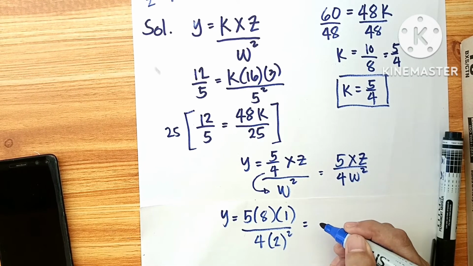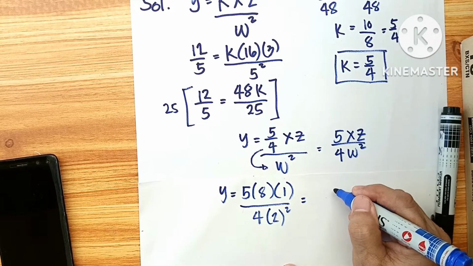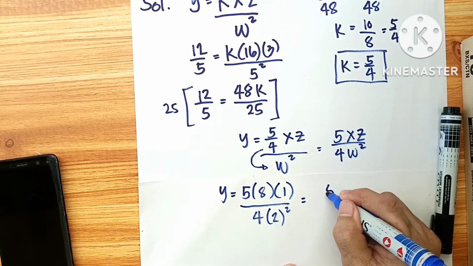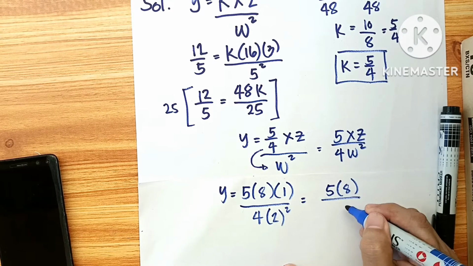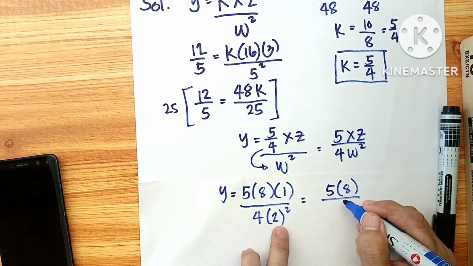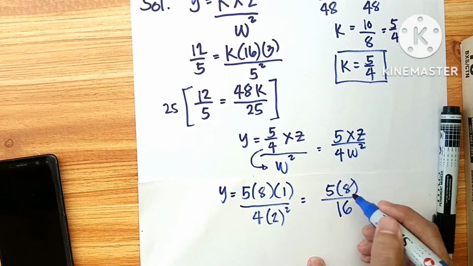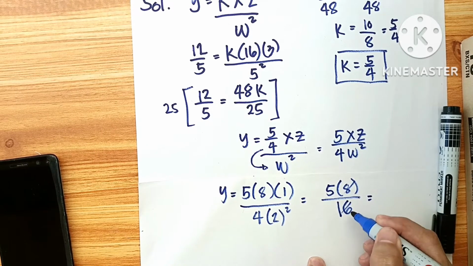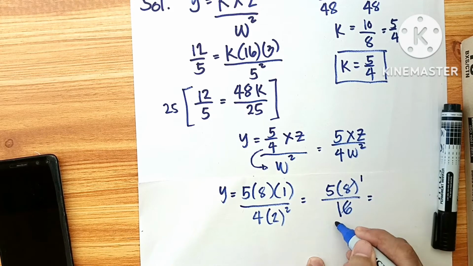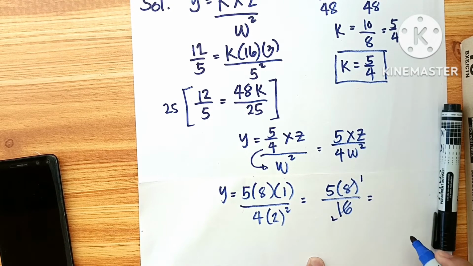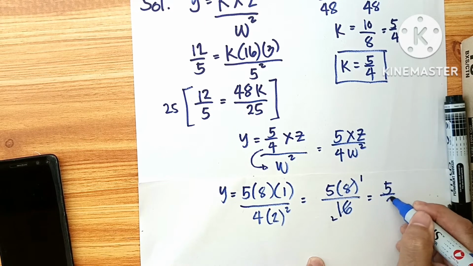So I will not multiply the 40, no? 5 and 8 only. Then I will multiply these two. We have 4 times 4 is 16. Do you know why? Because I'm going to cancel this out, no? So we can divide both by 8. This becomes 1 and this becomes 2. Right? So it's much easier, right? So y now is equal to 5 over 2.